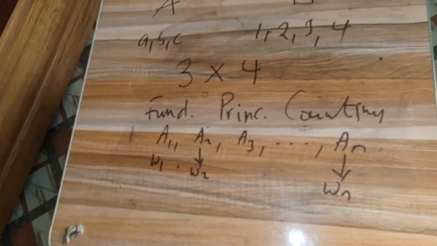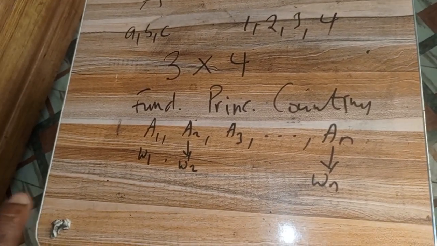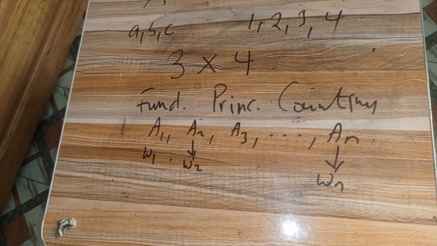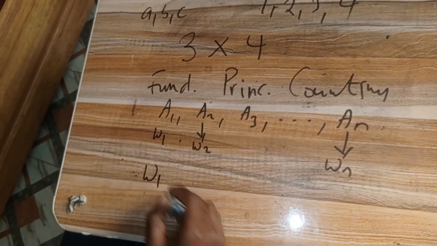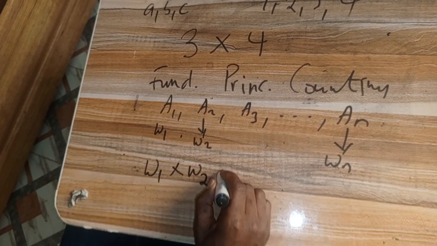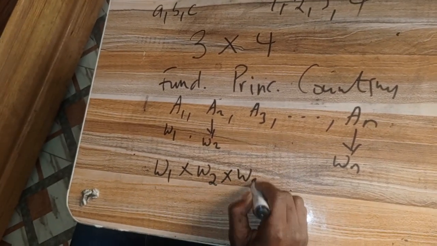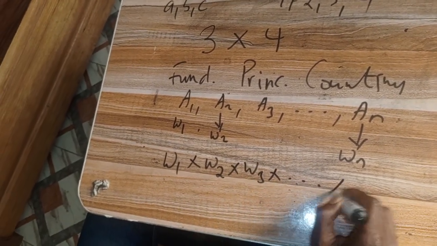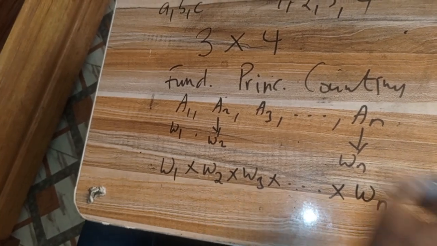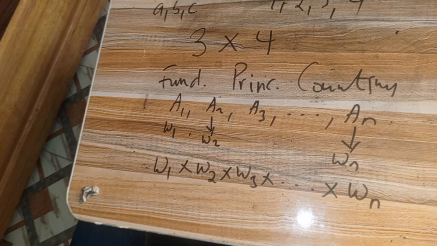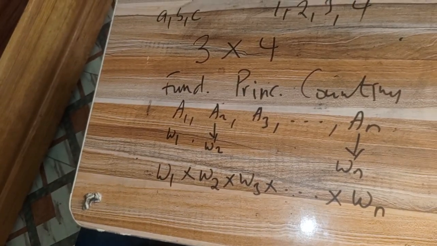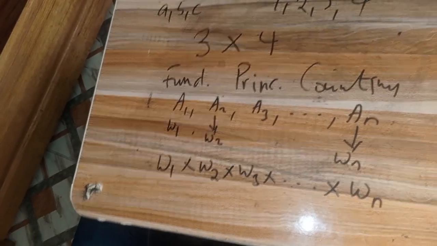Then, in order to perform activities 1, 2, 3 up to N simultaneously, you have W1 times W2 times W3 times and so forth times WN ways of performing the activities simultaneously. That's a very useful one.